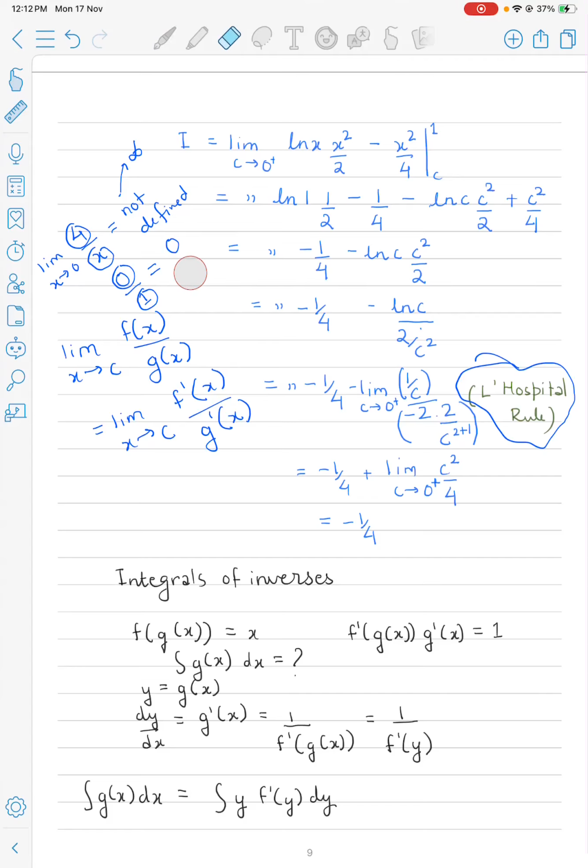Because this thing 4 by x, if you draw the graph, you will see, wait a second, how will the graph look?